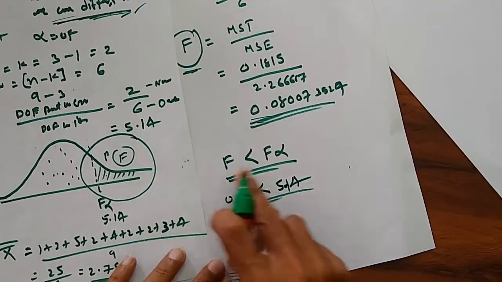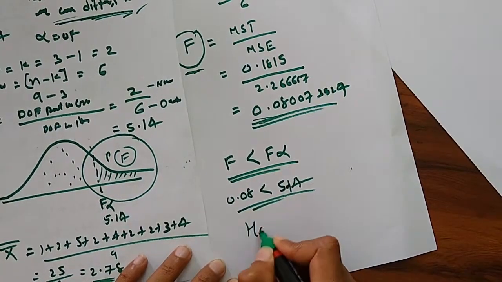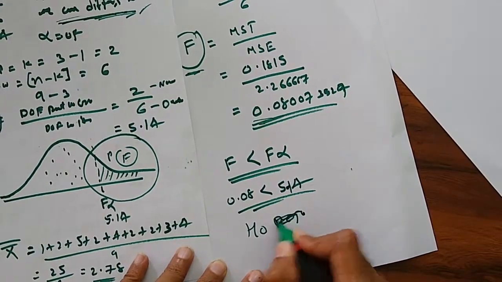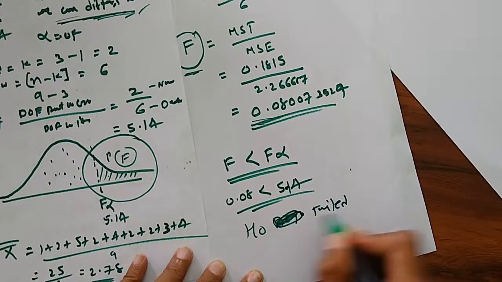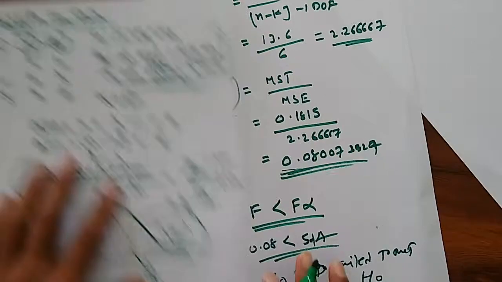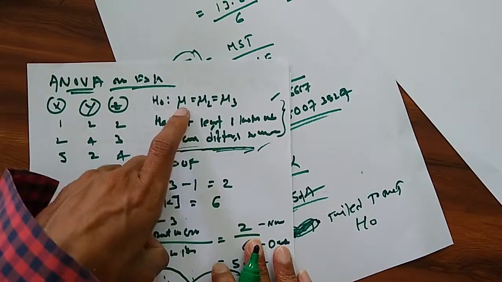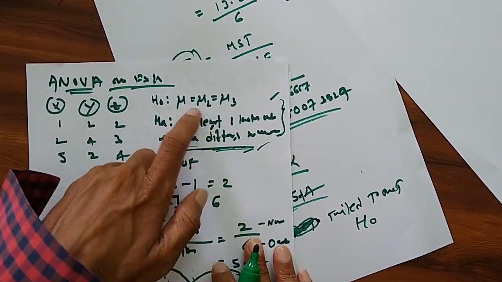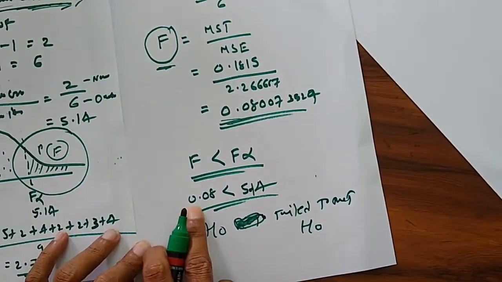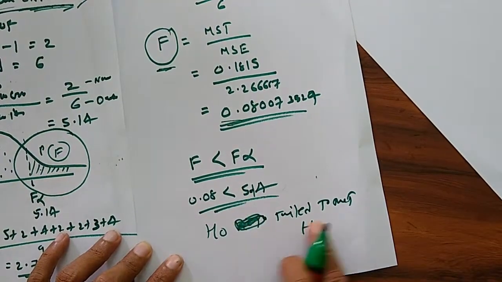As per F statistics, if F is less than F alpha, then we fail to reject our null hypothesis. That means in all three locations, we are manufacturing the same size of cell phones. We got a smaller F value compared to F alpha, so we fail to reject.